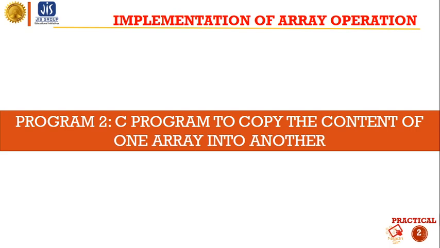That means the value of ARR1 will be assigned to BRR1. Similarly, the value of ARR2 will be assigned to BRR2, and ARR3 to BRR3, like this. So 1, 2, 3, 4, like this.